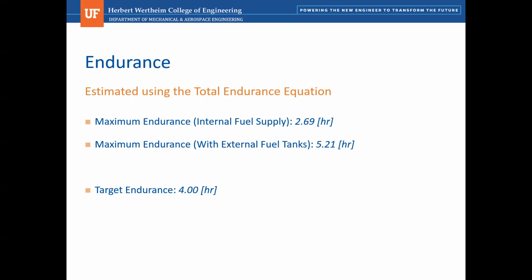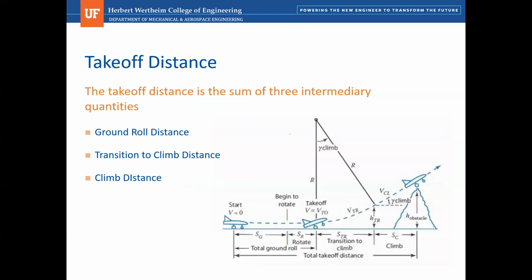And with external fuel tanks, we were able to get that up to 5.21 hours. Our target endurance for the loiter portion of the mission is about 4 hours. So we cannot quite get there on just internal fuel supply, but with an external fuel solution, we're able to exceed that endurance target. Slide.